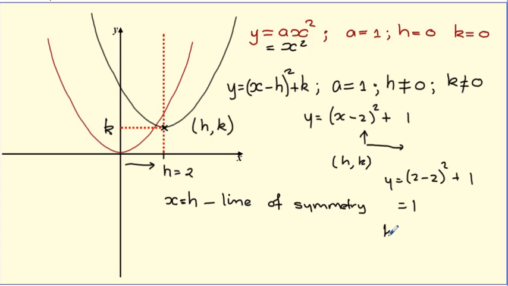So our (h, k) simply becomes (2, 1), which is the turning point of that function. So in this graph we see the influence of both h and k simultaneously. Here, h shifts the line of symmetry horizontally to the right, and k shifts the graph vertically up one unit.